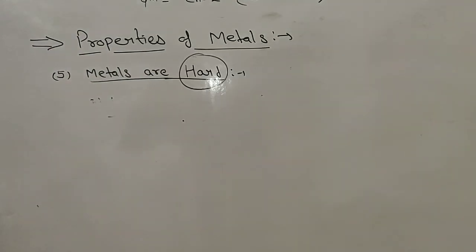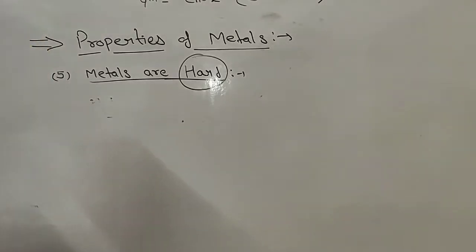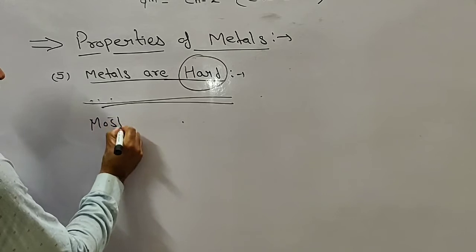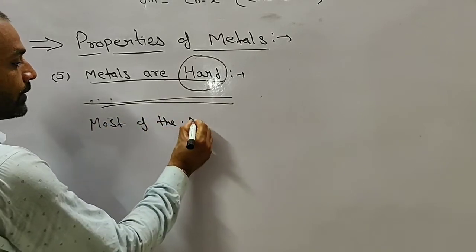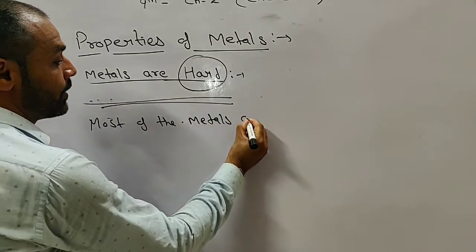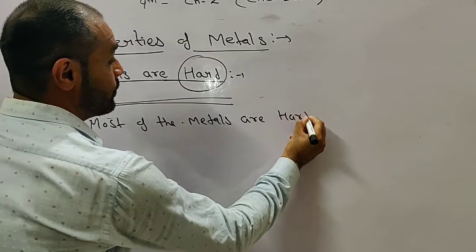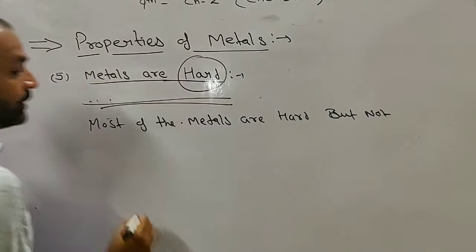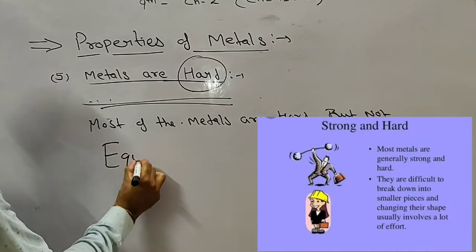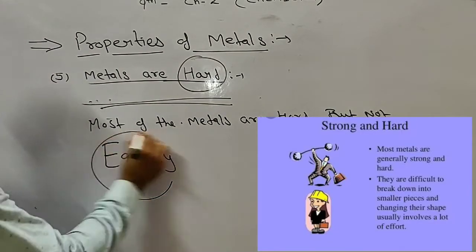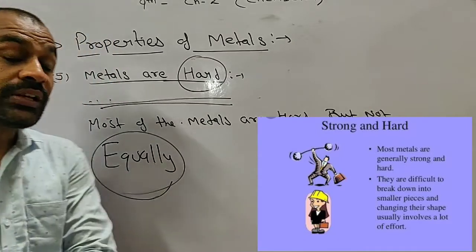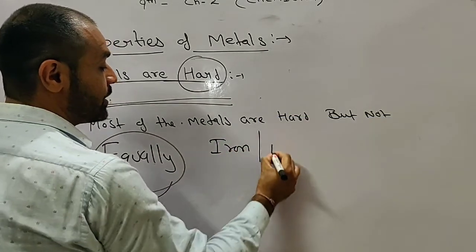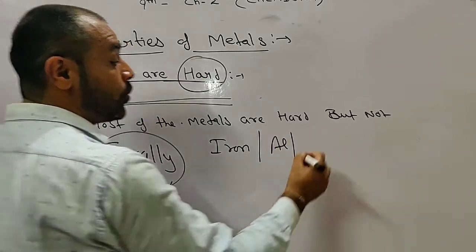The next property is metals are hard. Most of the metals are hard, but not equally hard. They are not equally hard. Like we can say iron, aluminium, copper.